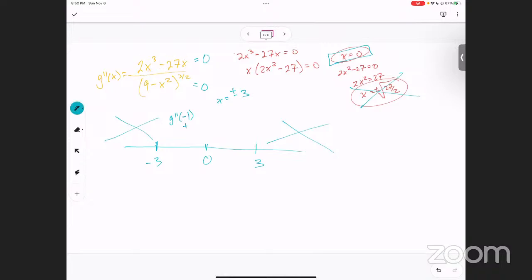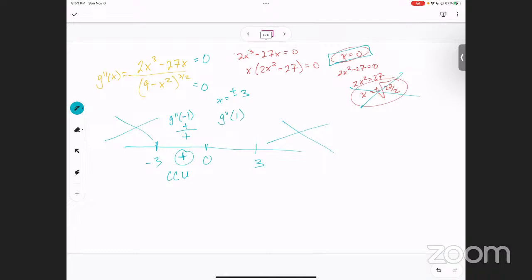So that's going to be a positive over, and if I plug in -1 here, that's going to be squared, so it's going to be 8. And what's 8 to the 3/2 power, positive or negative? It's positive. So a positive divided by a positive is positive, which means in this region it is what? Concave up. Good.